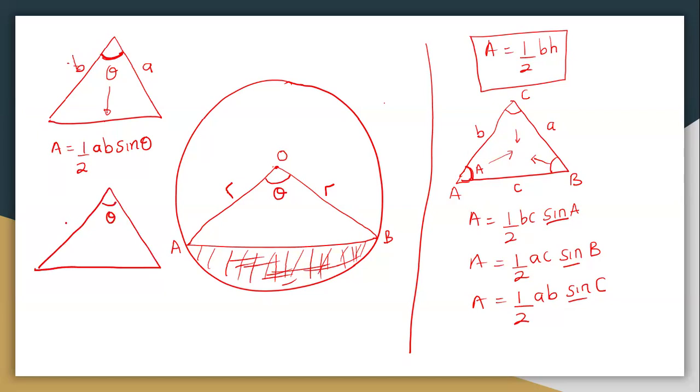This is theta, this is R, and this is R. In the chat, can we put the area of that triangle? I want to see whether people are following. Can we put the area of that triangle?